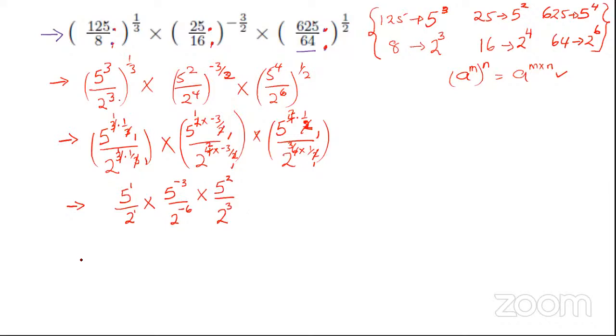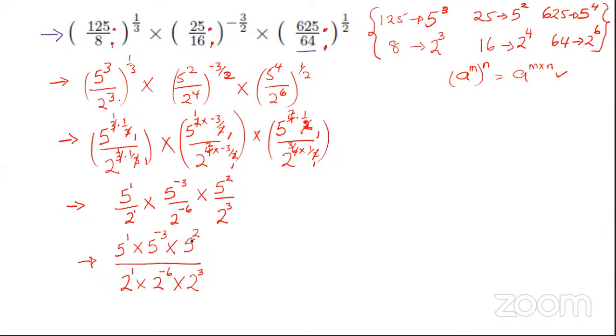So this is equivalent to 5 to the power 1 times 5 to the power negative 3 times 5 to the power 2, all out of 2 to the power 1 times 2 to the power negative 6 times 2 to the power of 3.